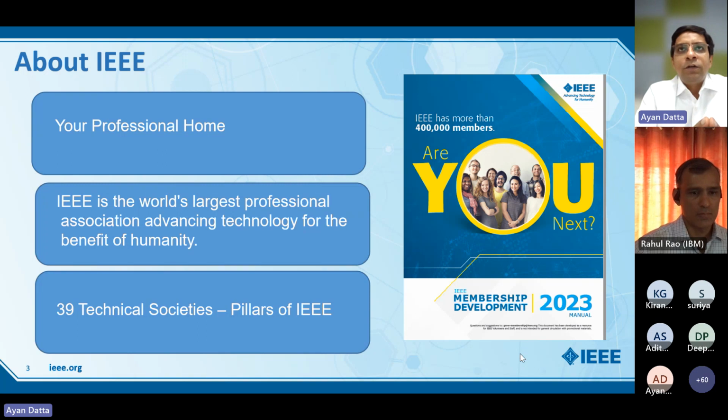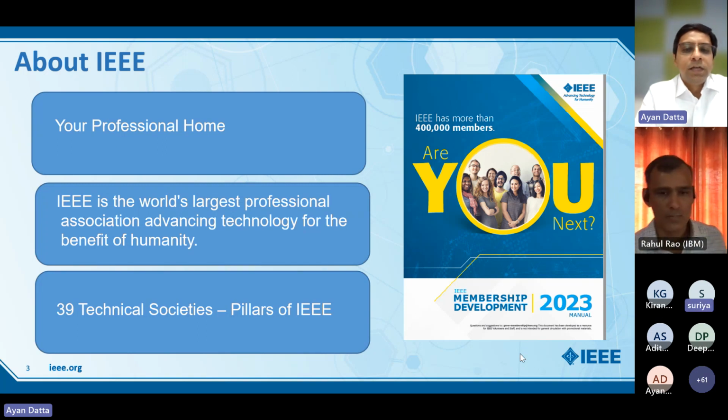So you can think of it this way: when you walk into a university, you have a separate building for each and every department. The same way you can think of IEEE as a bigger institution, and in that you have a separate department for each and every area of research. And Circuits and Systems is one of those societies, part of these 39 technical societies.